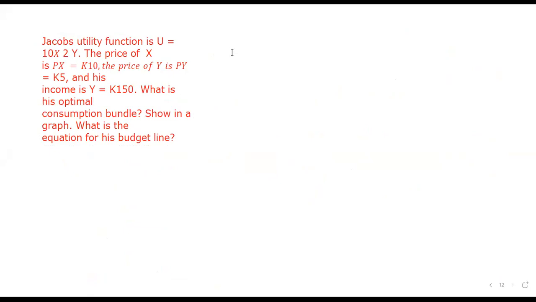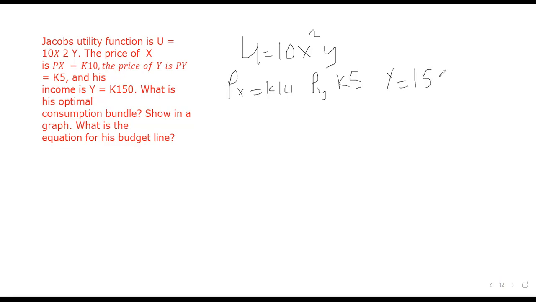So we're given our utility function. U is equal to 10 X squared and Y. Price of X is given by 10 kwacha. Price of Y we're given as 5 kwacha, and the income Y is given by 150.